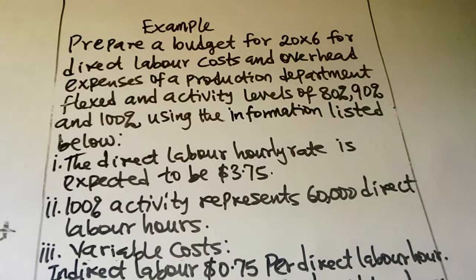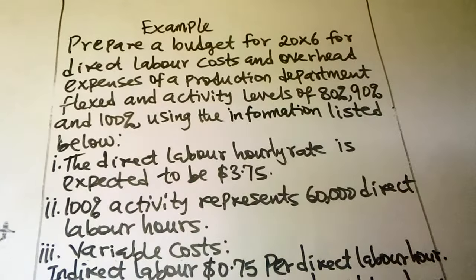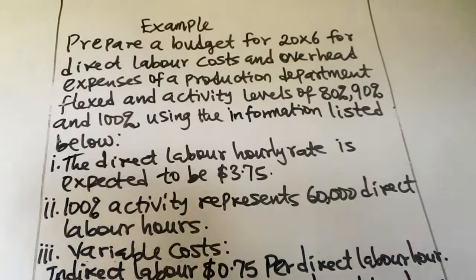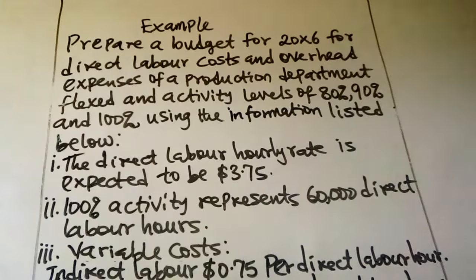The question: prepare a budget for 20x6 for direct labor cost and overhead expenses of a production department, flexed at activity levels of 80%, 90%, and 100%, using the information listed below. 1.